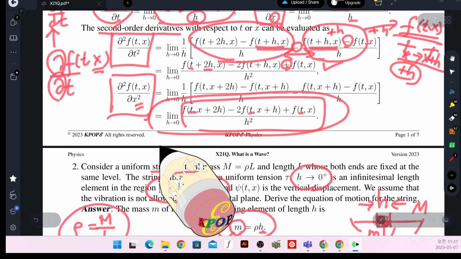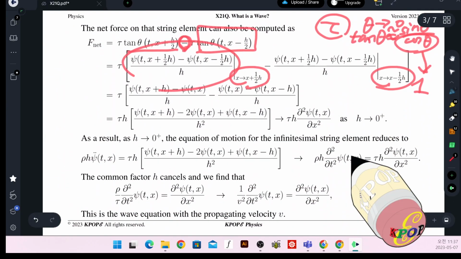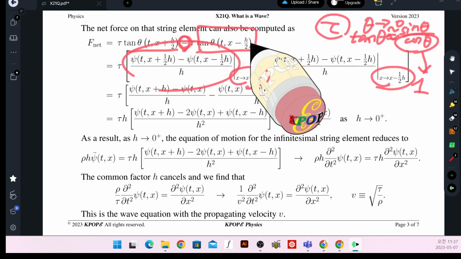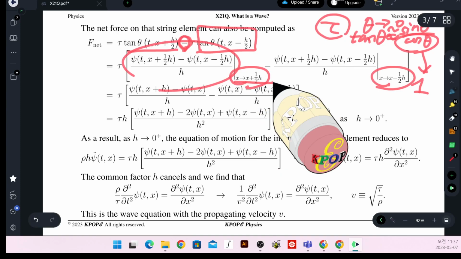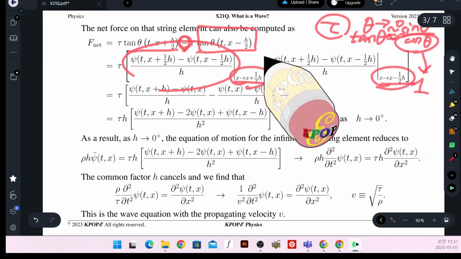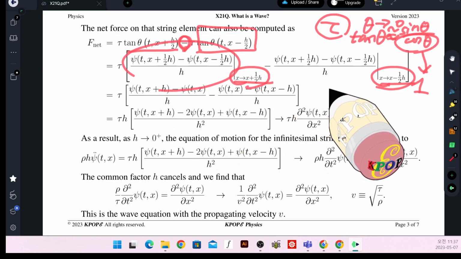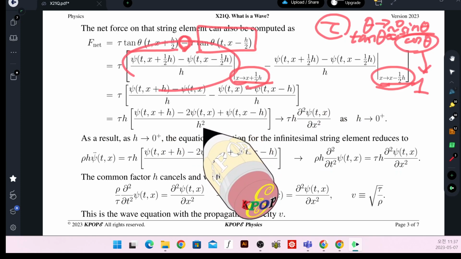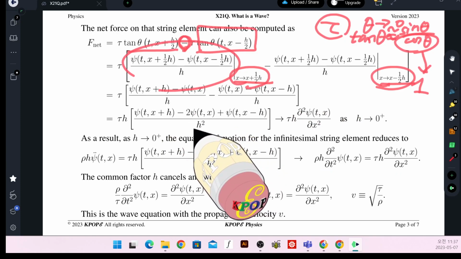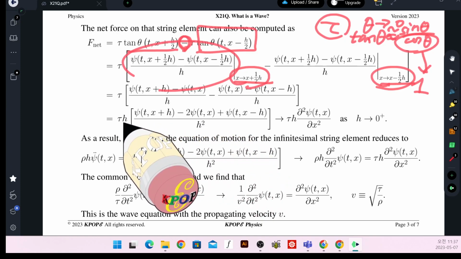Second derivative with respect to x. Okay, so we substitute these values, make a subtraction, and simplify these results altogether. We find the denominator h, but we divide this one by h one more time and multiply.